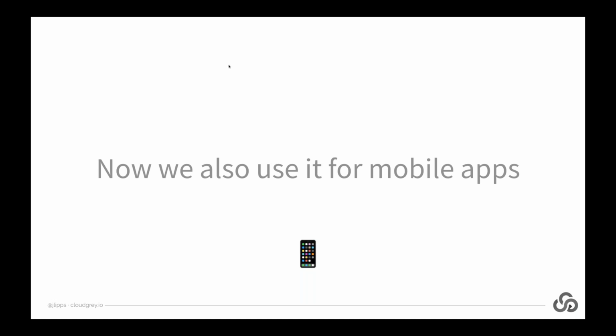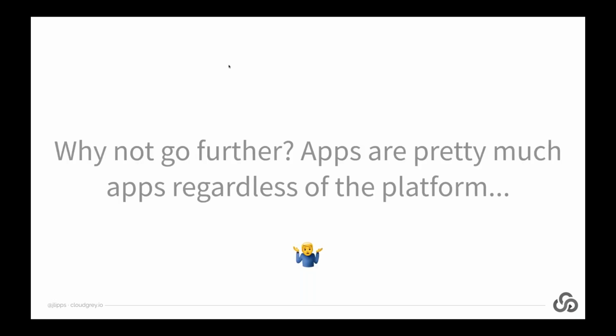But by and large, if you look at an Appium test script, it looks and reads very similar to a Selenium test script. So the question is, why not go further? Why not go beyond mobile to other types of applications? When you get right down to it, applications are pretty much the same regardless of the platform.